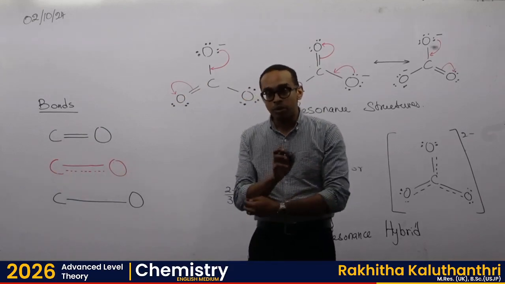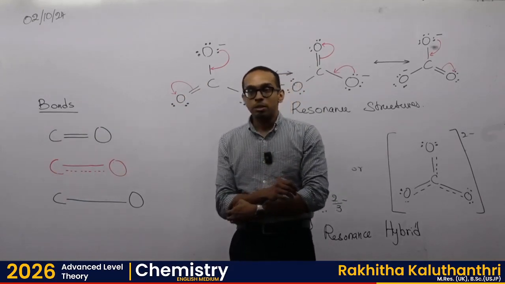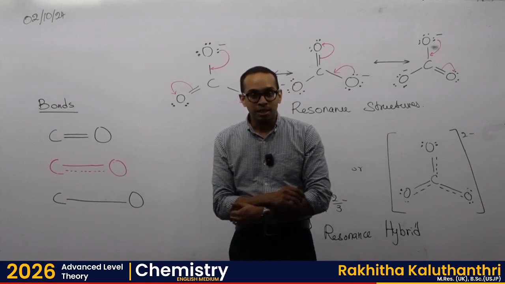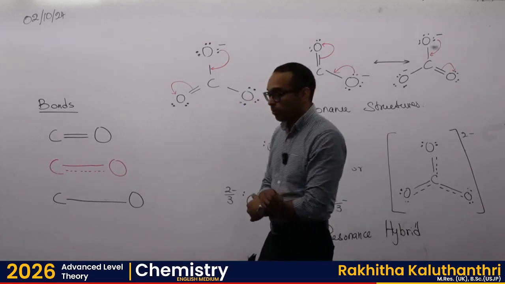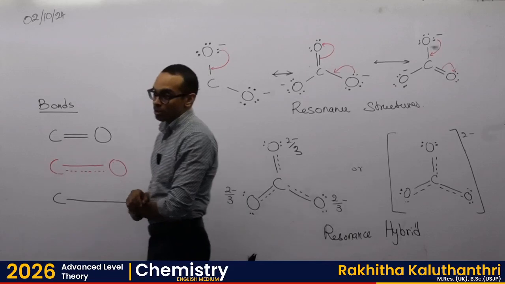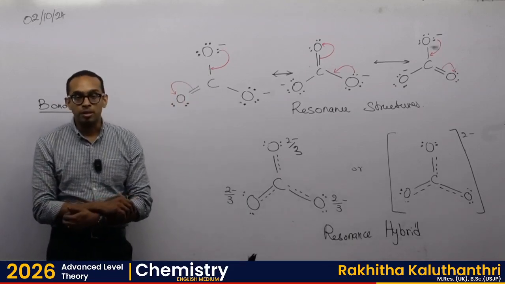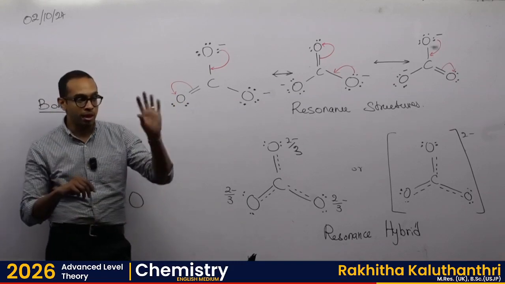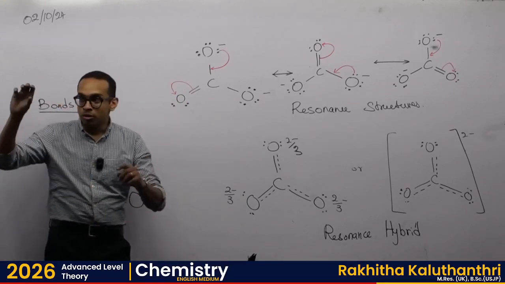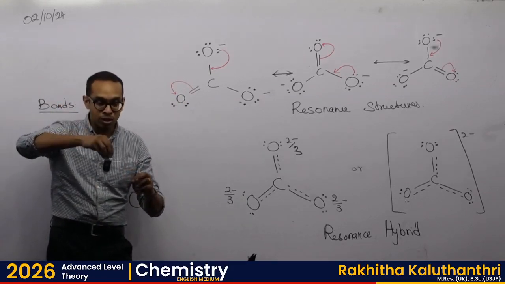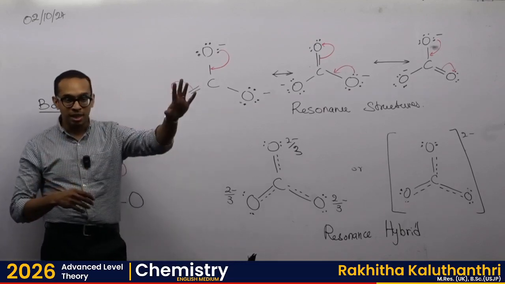You don't get many questions like, tell me the contribution from this structure. There won't be any question asking for calculations of the contribution of one particular structure. But you should be able to comment saying this structure is more stable than the other, and therefore this structure contributes more towards the resonance hybrid than the other one.